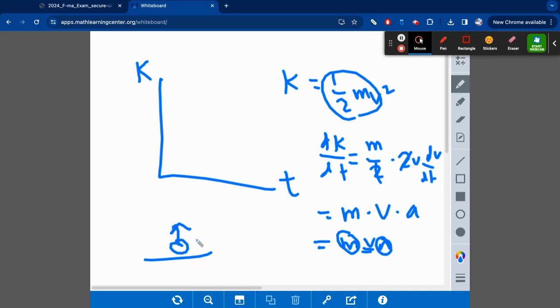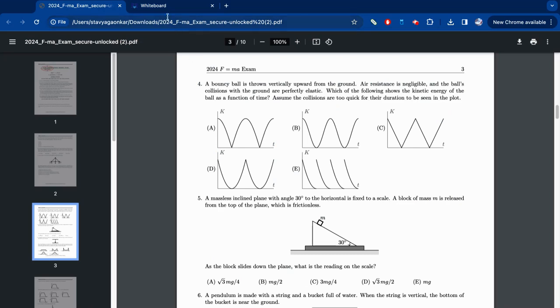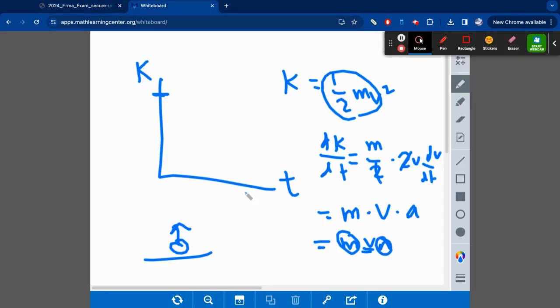So as we decrease the velocity, the derivative is going to decrease. So if we start with a maximum velocity, and it's starting at its maximum kinetic energy, that means the derivative is going to be the greatest when we start. So it's going to look something like this. And it's going to decrease over time.